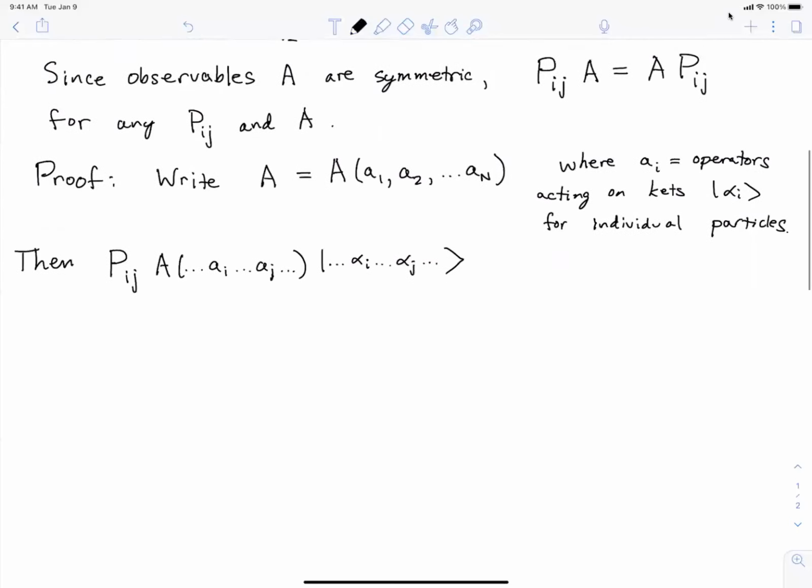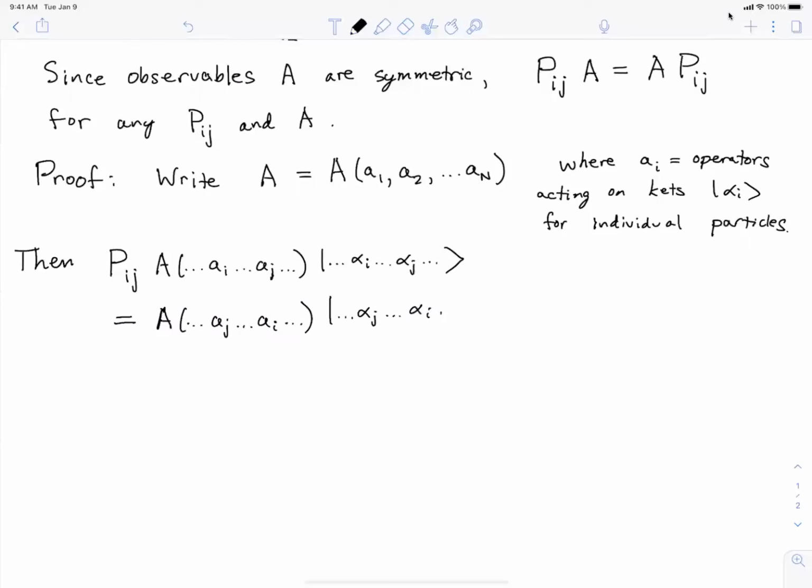Okay, and now according to the definition of a pair exchange operator, Pij is just supposed to interchange the labels of everything that it's acting on, so everything to the right of that. So this becomes A, Aj, Ai, and also alpha J, alpha I. And all the labels indicated by the dots are unaffected.